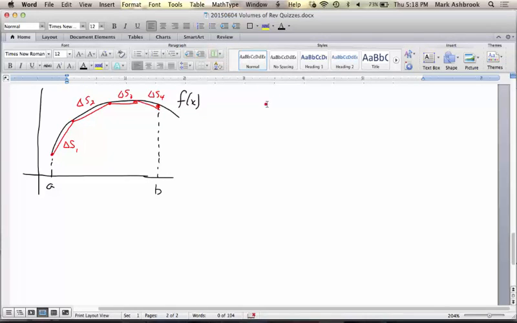So the sum of the delta S's as i goes from 1 to n is going to be our approximate. And we know it's going to be an underestimate. Right, we're just going to sum up delta S1 plus delta S2 plus delta S3 plus delta S4, and that summation notation just means sum up a bunch of delta S's.